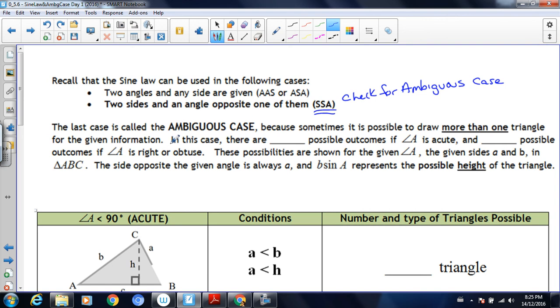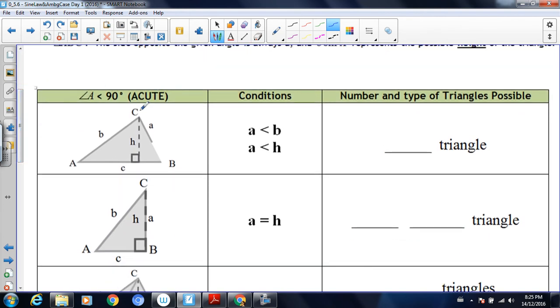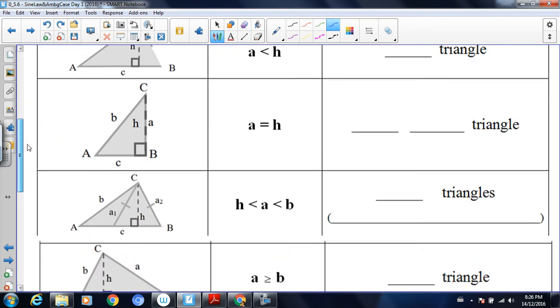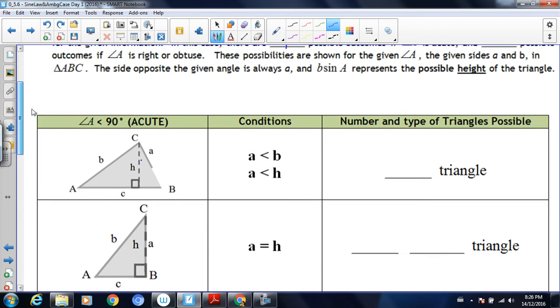Now, in this case, there are four possible outcomes if angle A is acute. So take a look at this. I'm scrolling down. If my angle A, this right here, which is the angle that is always opposite the side that you're looking at, is acute, meaning less than 90, you have four different possibilities, four different outcomes.